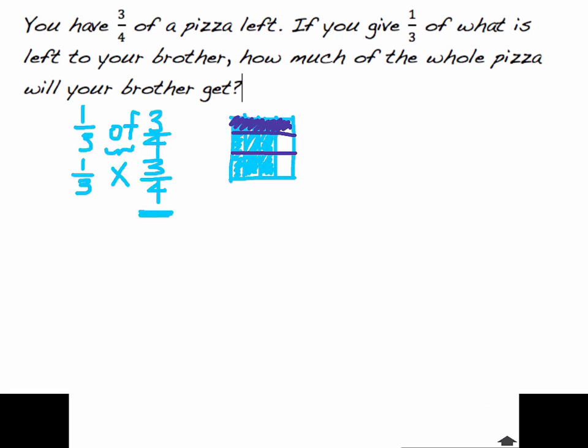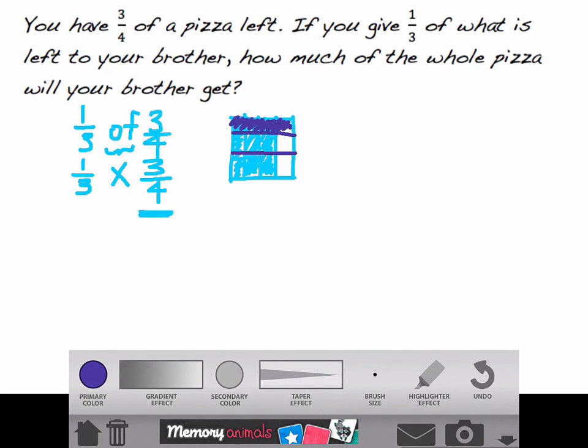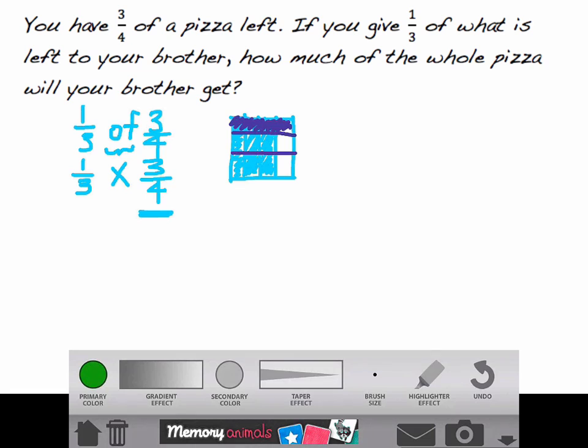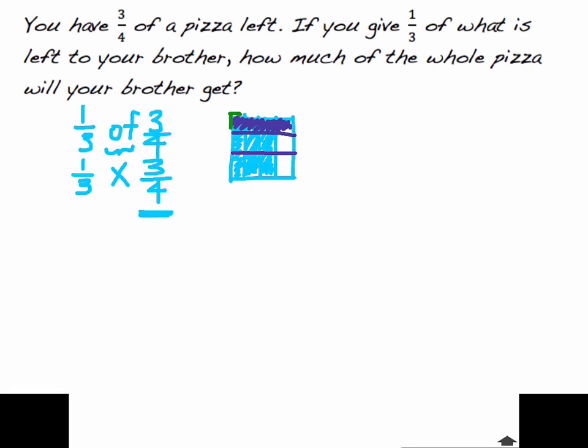Notice there is an overlap with the 2 colors. That overlap is our solution. So I'm going to change colors, and we have a square here and here that represents our overlap of the light blue and the dark blue.